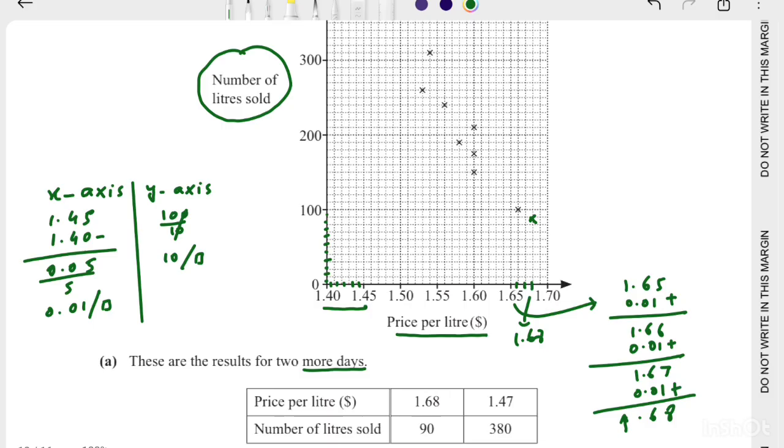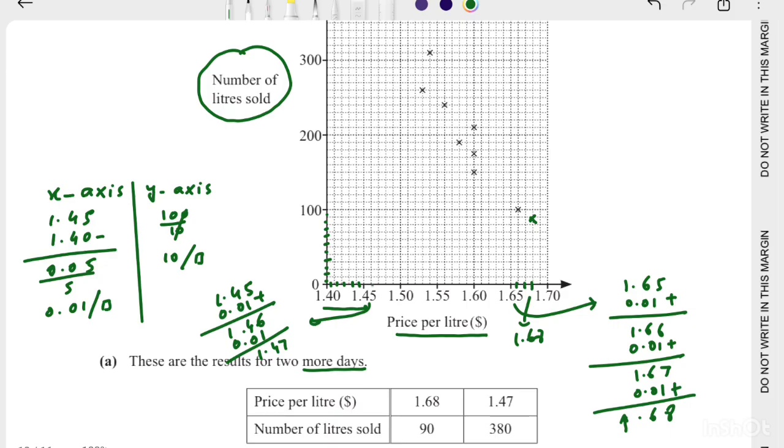Now 1.47 would be, if you see, this is 1.45, just add 0.01 to it, you get 1.46, and then again add 0.01, it will be 1.47.